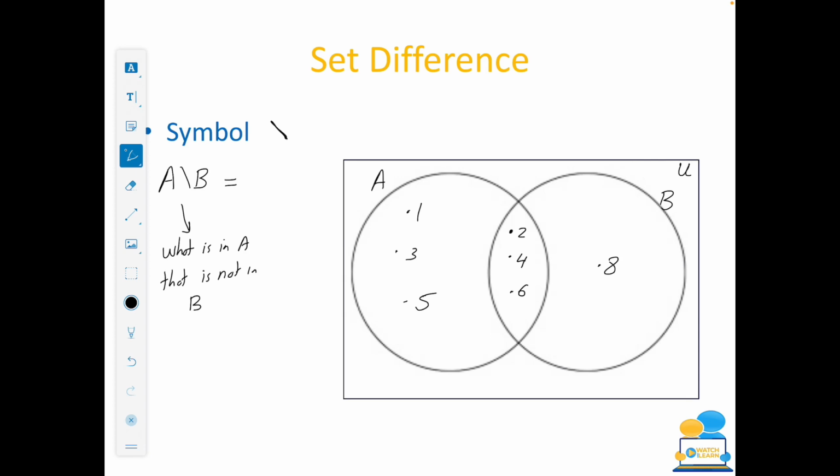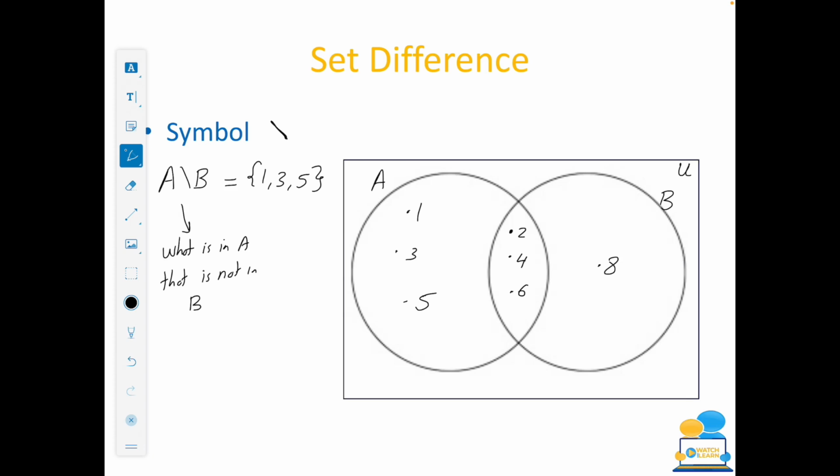When I look at my diagram, these are in A, they're not in B. This is not in A, so we're not going to include that. And these, they're in A, but they're also in B, so that does not fit our question here. What is in A that's not in B? Our answer here will be the set 1, 3, 5.